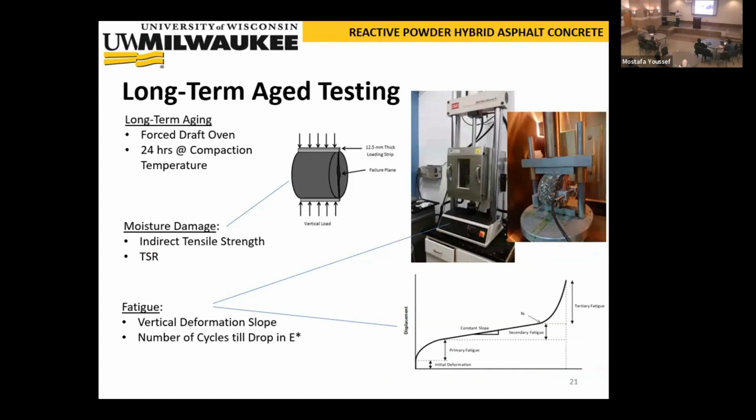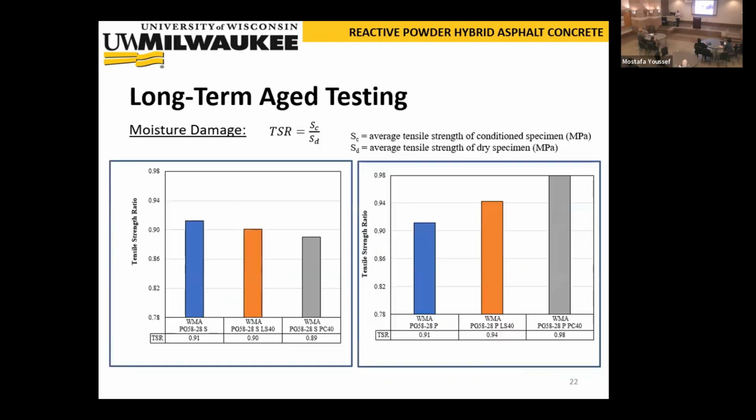So we looked at multiple tests, moisture damage and fatigue specifically, because they are damage related tests. If you look at the moisture damage, we calculate the tensile strength ratio, which is a ratio between the tensile strength of a conditioned sample in water, so exposed to moisture damage, versus the tensile strength of an unconditioned sample that was not exposed to moisture damage.